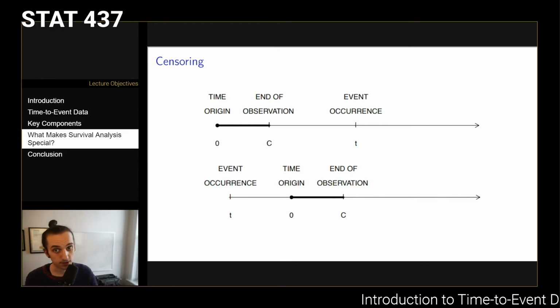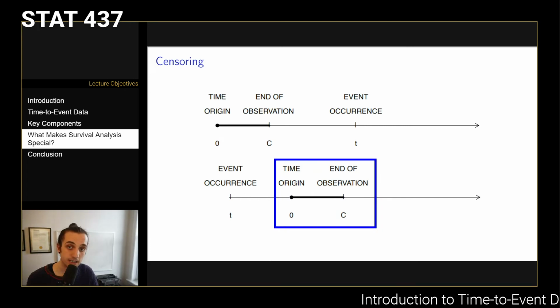The other form of censoring, which we call left censoring, is the opposite. We have our time origin and the end of observation here, but the actual event occurrence happened before we started observing the individual, right? And so in this case, we don't observe the event happening because at time 0, the event had already happened.